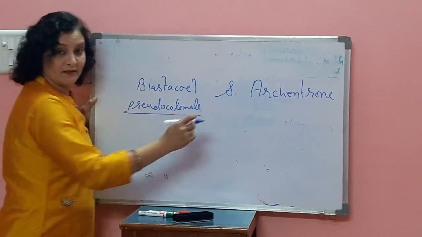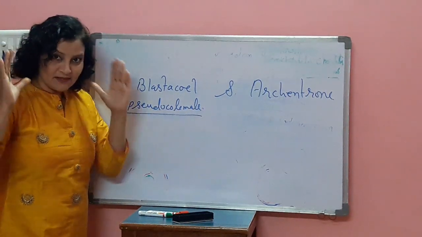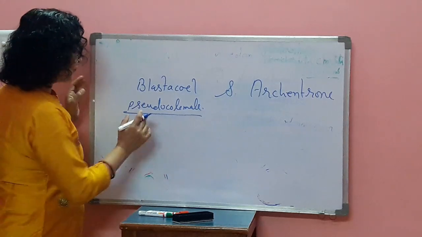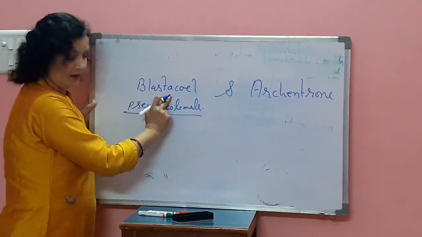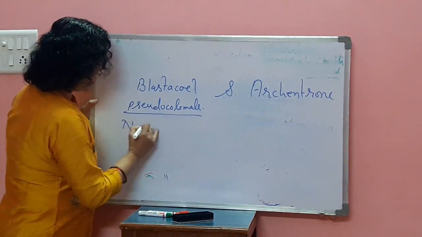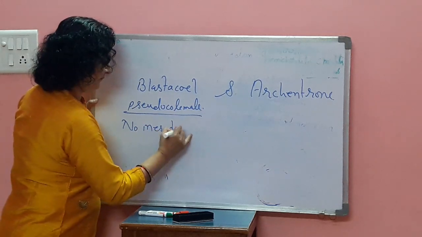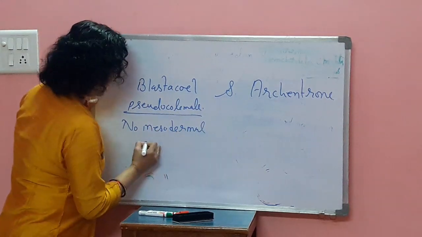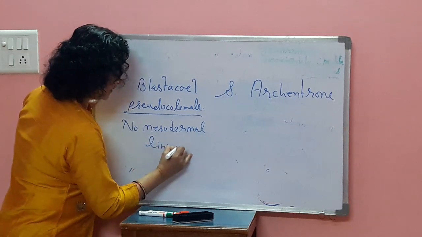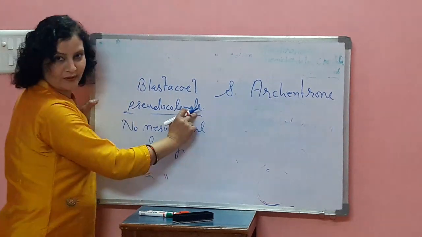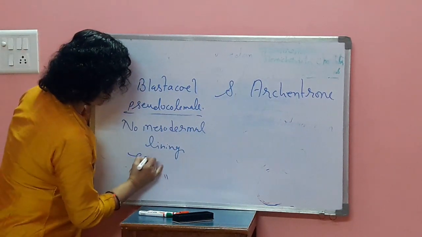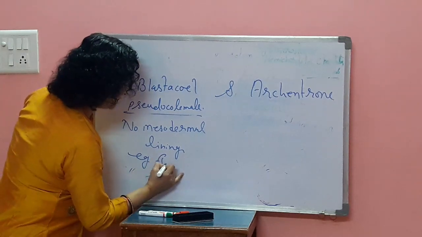These animals have a cavity formed from blastocoel, but there is no mesodermal lining. So it is called pseudocoelomate. For example, you know also flatworms.